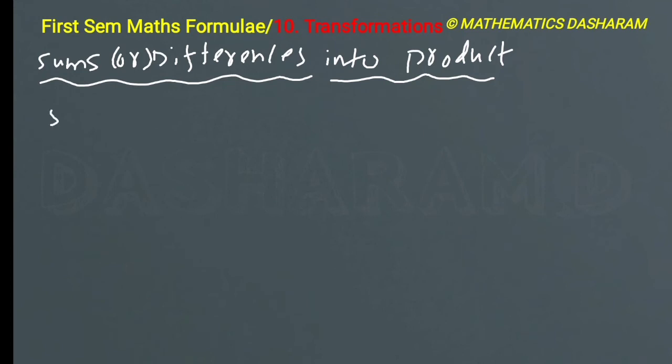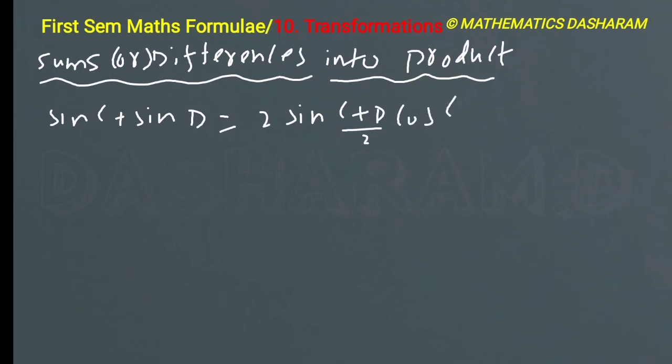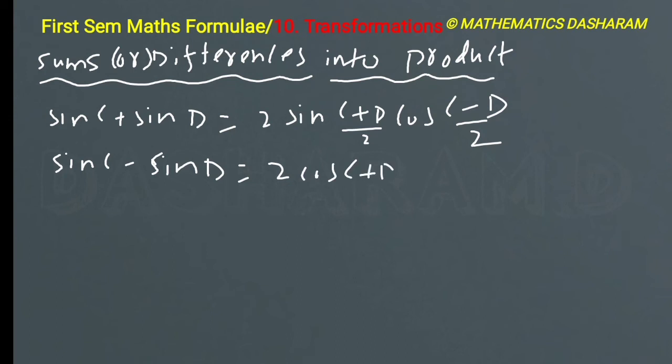The first one is sin C plus sin D equals 2 sin((C plus D) by 2) into cos((C minus D) by 2). The second one is sin C minus sin D equals 2 cos((C plus D) by 2) into sin((C minus D) by 2).